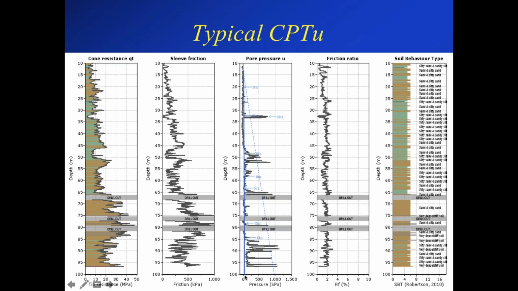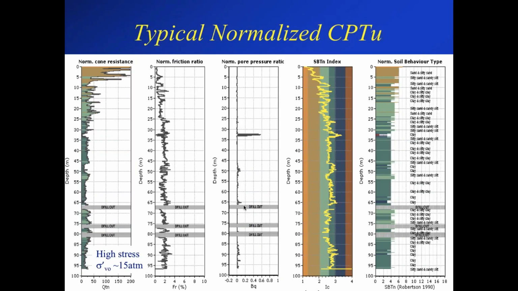The excess head down at 100 meters is less than 50 kPa. So in terms of calculating total and effective stress, it's using the total unit weight subtracting this equilibrium pore pressure, where the equilibrium pore pressure is a very small value, close to zero. So assuming no suctions, we'll get to that issue a little bit later.